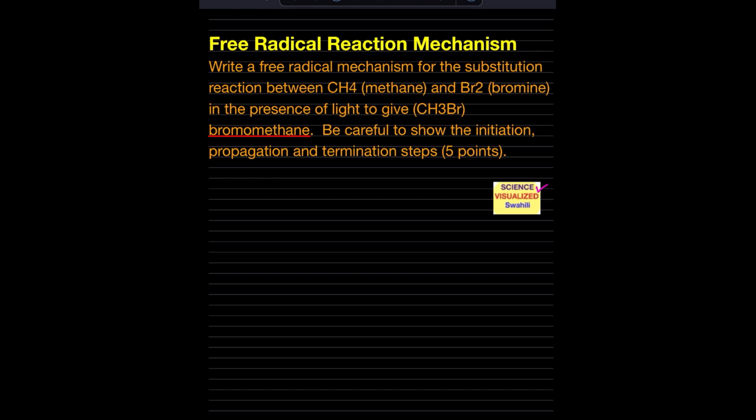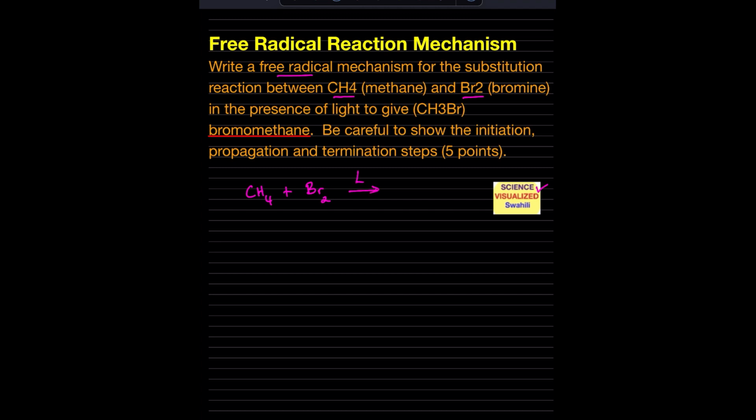And today we're looking at how to write a free radical reaction mechanism. So look at this question. It says, write a free radical reaction mechanism for substitution reaction between methane, that's CH4, and bromine, Br2, in the presence of light.